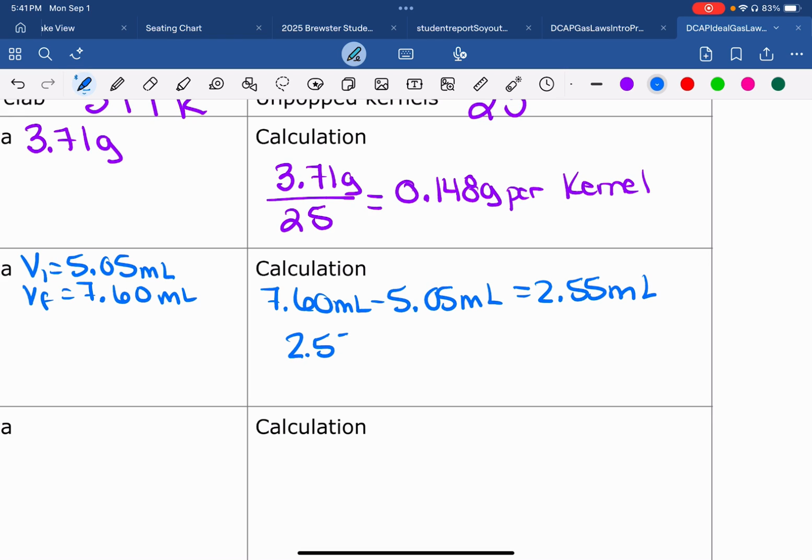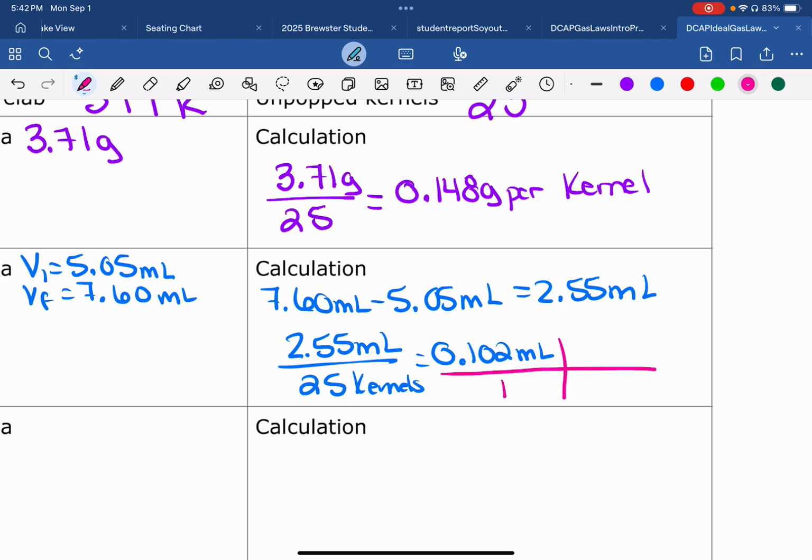We take the 2.55 milliliters and we divide it by 25 kernels. We get 0.102 milliliters. Since we can't use the unit milliliters, we're going to convert over. And I get 1.02 times 10 to the negative fourth liters per kernel.